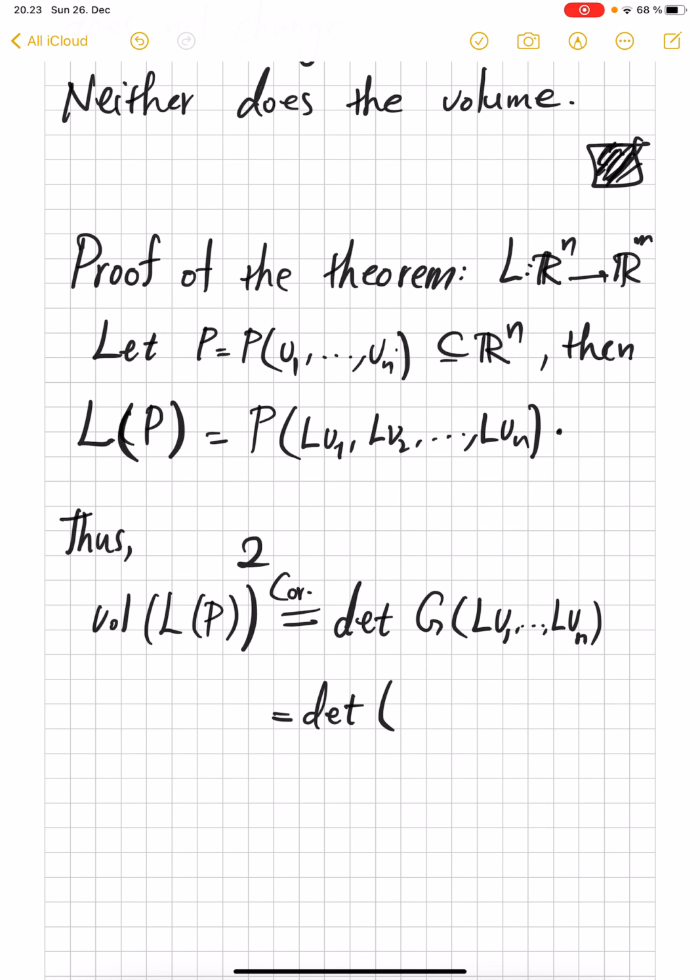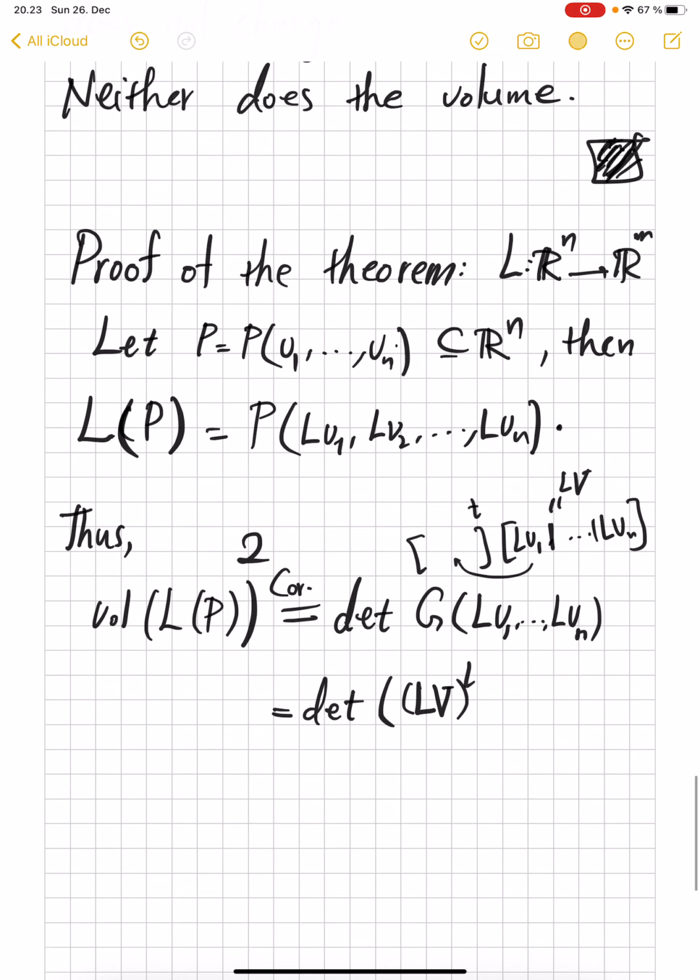Put the L vi into the columns, and then transpose it and multiply with itself. So this will be LV transposed multiplied by LV again.